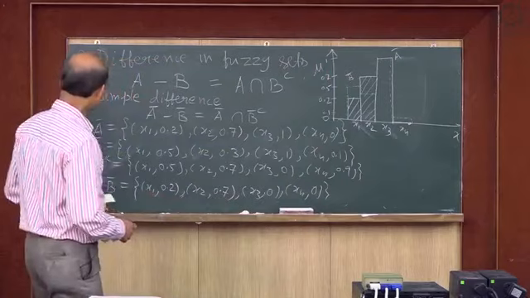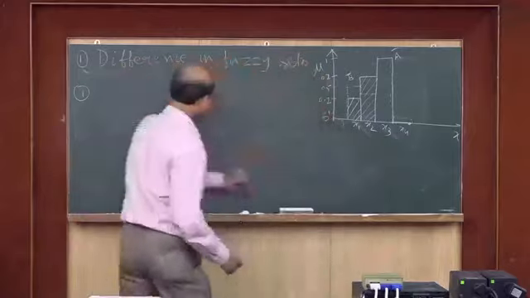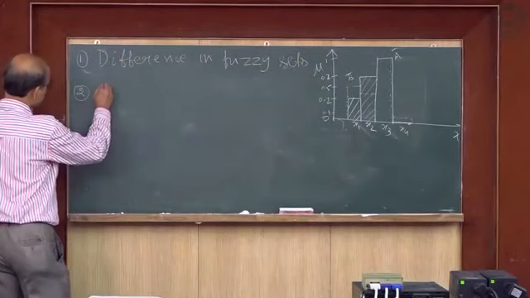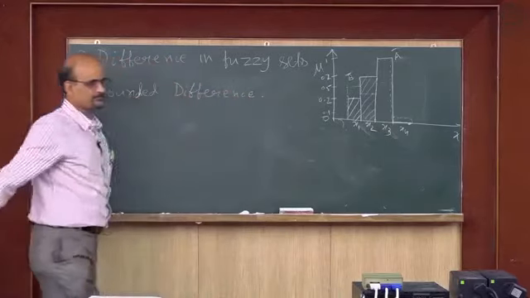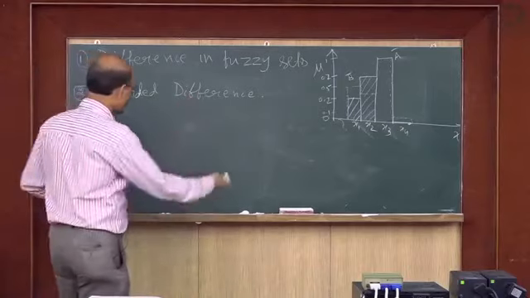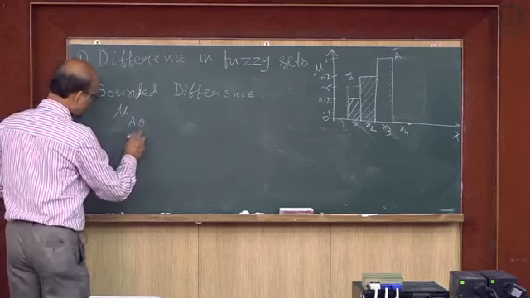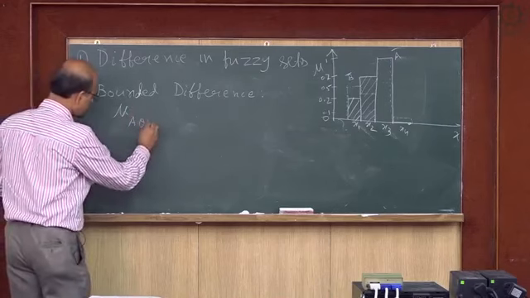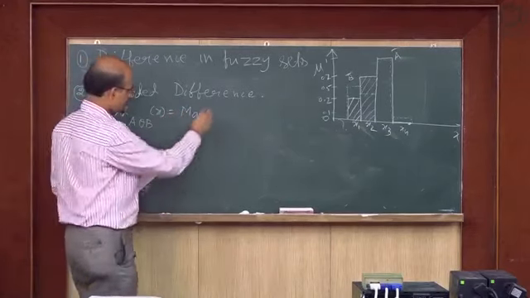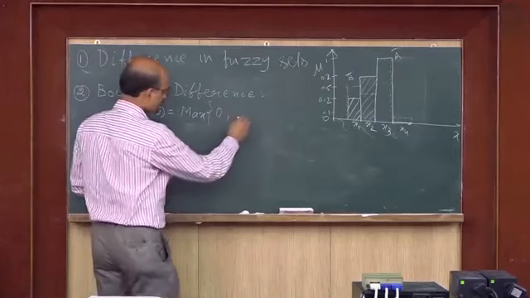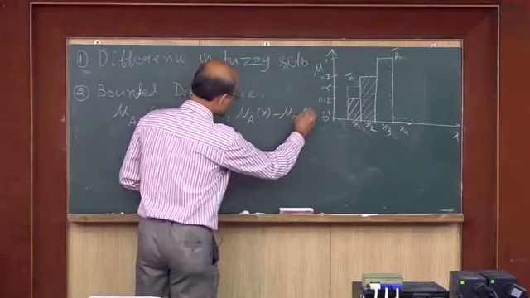Okay? So, now come to bounded difference. Second one for this is bounded difference. Here the membership function, we denote by theta for bounded difference, for x as nothing but maximum of 0 and mu A bar x minus mu B bar x.